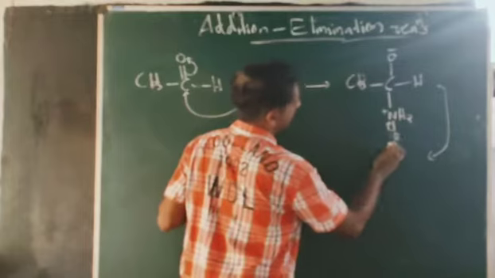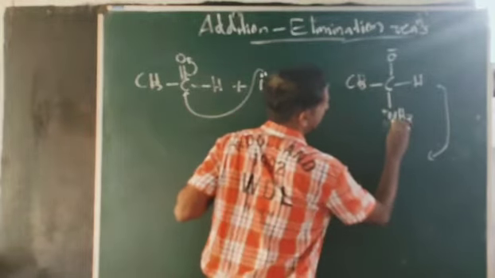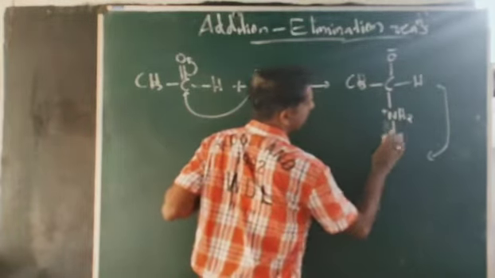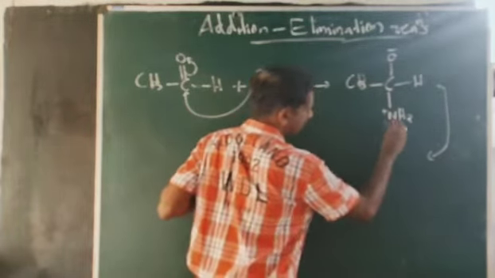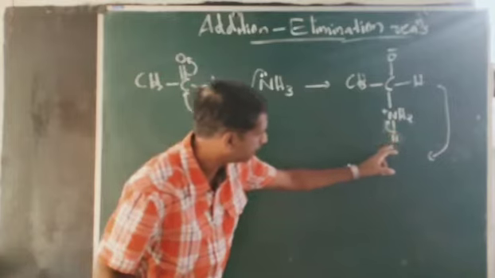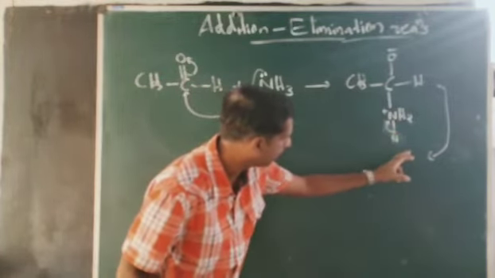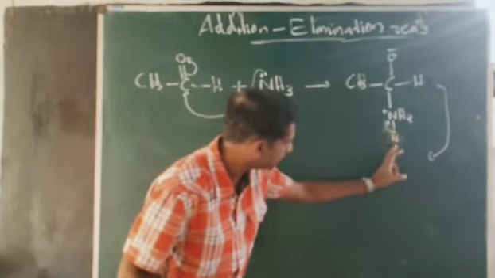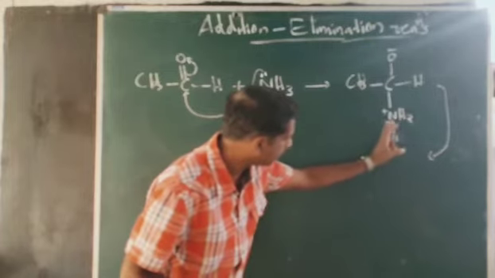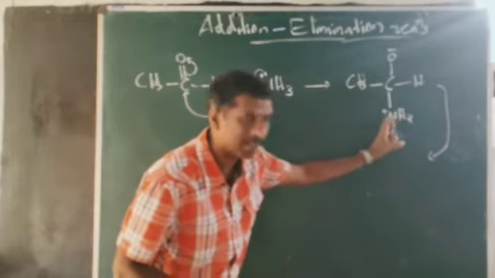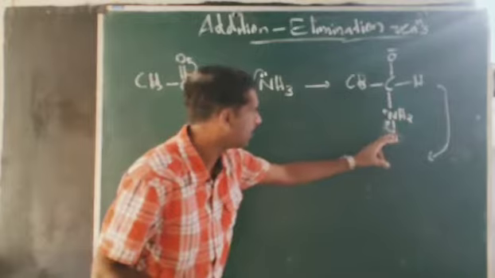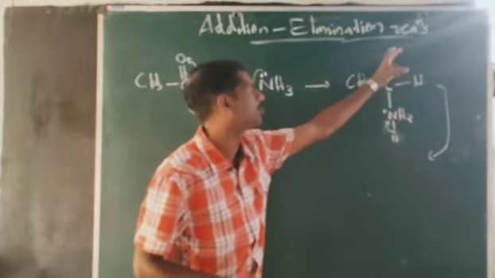This proton, this H plus, is removed from here, and this pair of electrons is shifted to nitrogen, so it is getting back its lone pair. And this removed H plus will attach to this oxygen.